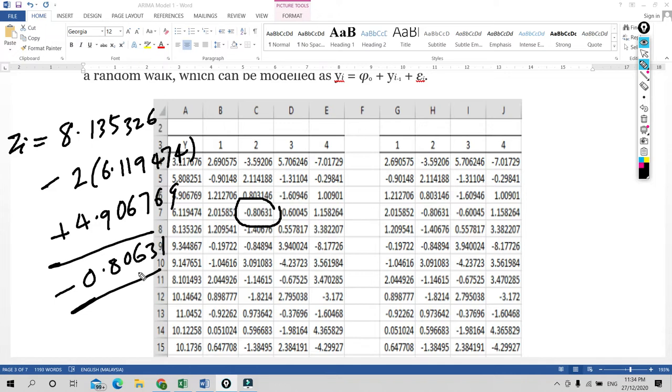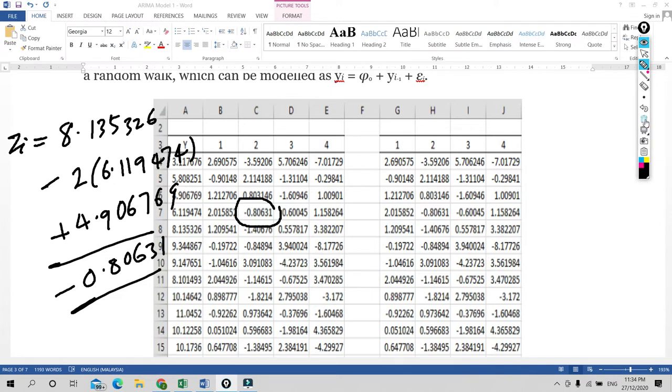So negative 0.86. So this is how we get the value here. You can try all the values there to find the differencing.